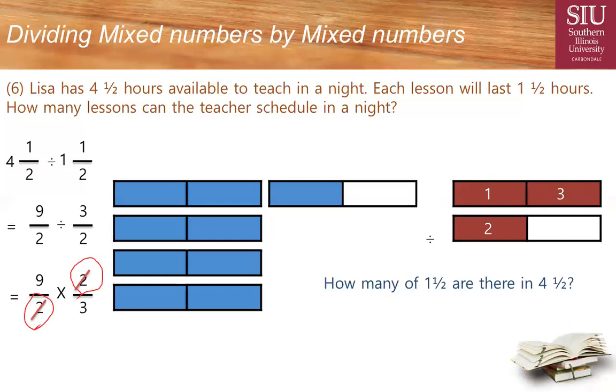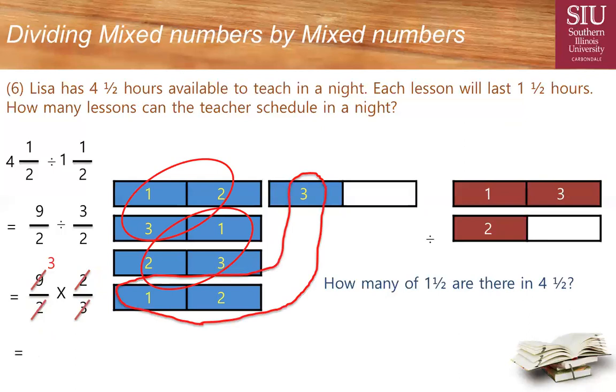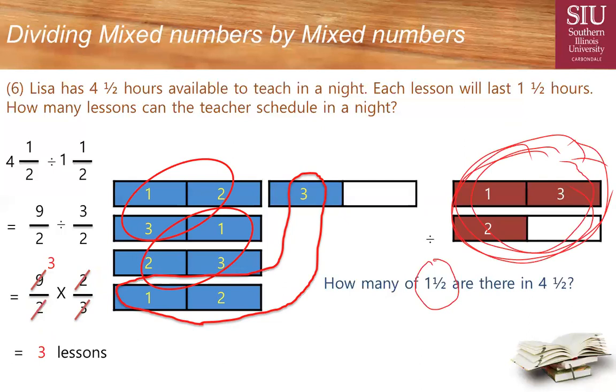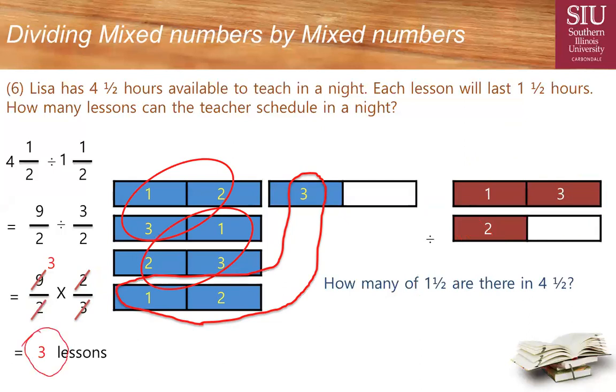And then what we got is, we're counting 1, 2, 3, and that is 1 and a half. 1, 2, 3 like this, 1, 2, 3 like this. How many of this can we find? We find three lessons. Okay, so the total lessons for 4 and a half hours would be 3 lessons.